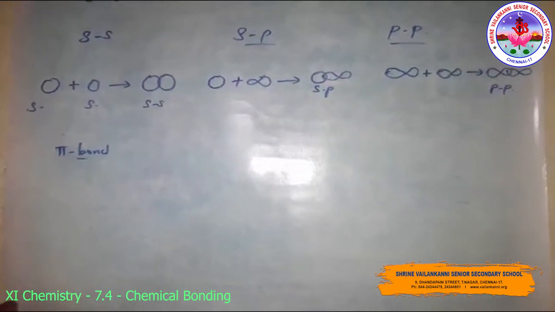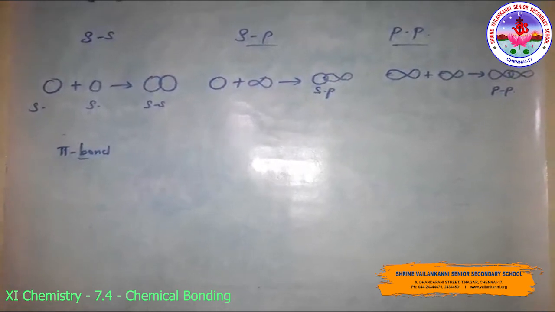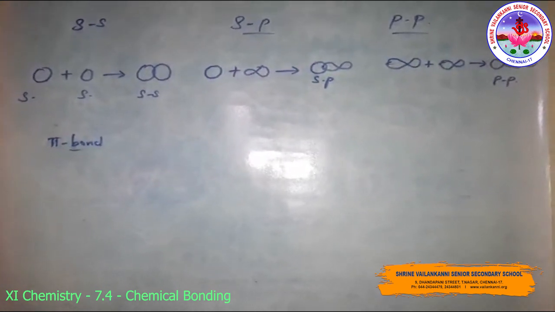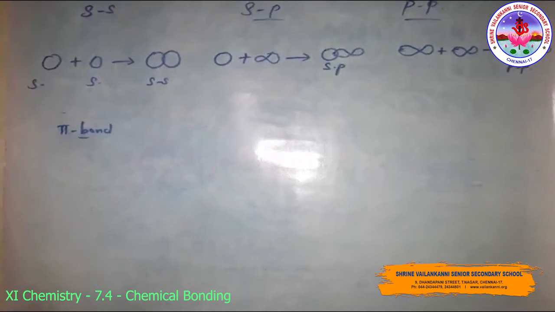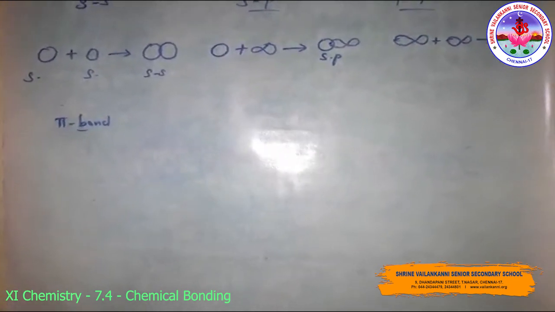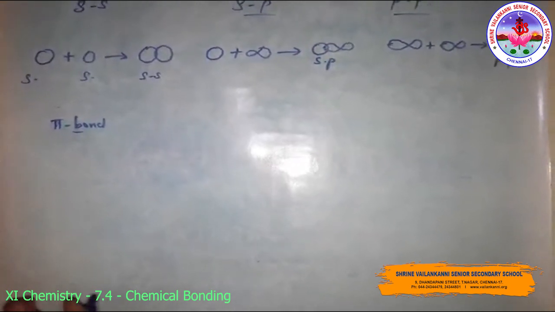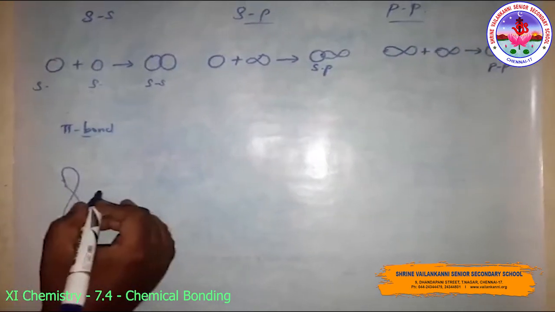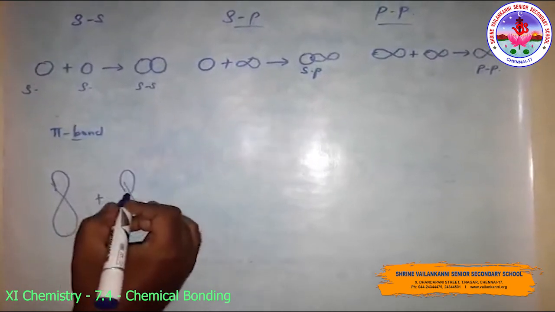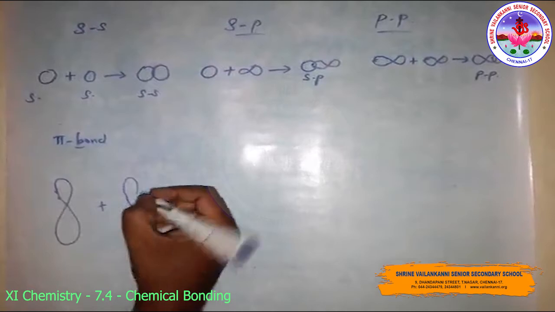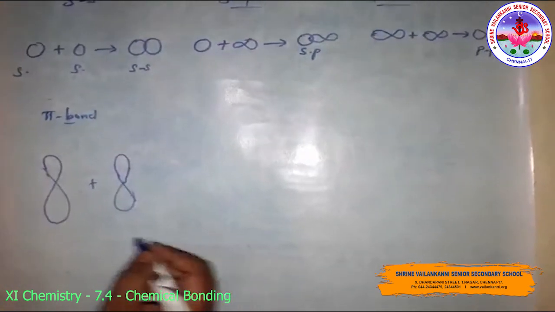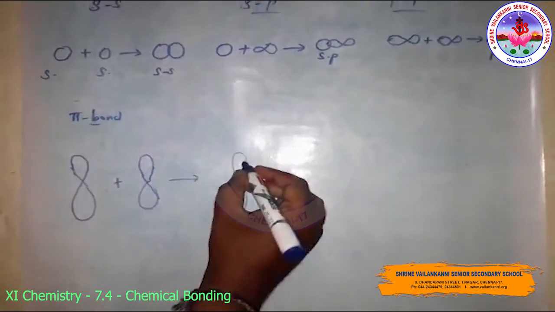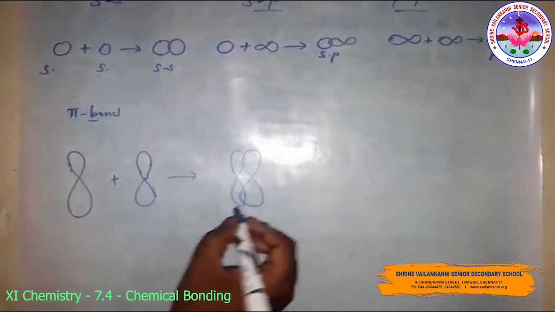In the formation of a pi bond, the atomic orbitals overlap in such a way that their axes remain parallel to each other and perpendicular to the internuclear axis, so that the orbitals formed due to the sideways overlapping consist of two saucer-type charged clouds above and below the plane of the participating atoms. Suppose this is one p orbital and this is another p orbital, overlapping like this. So this is the pi bond formation.